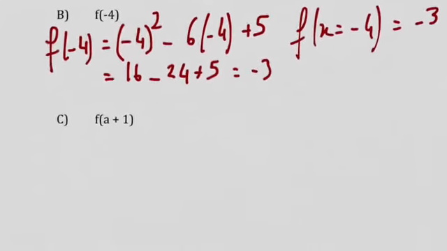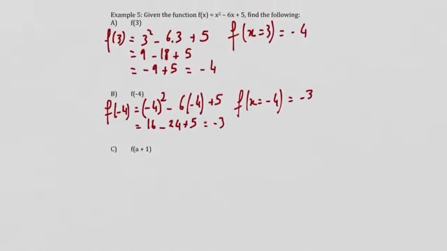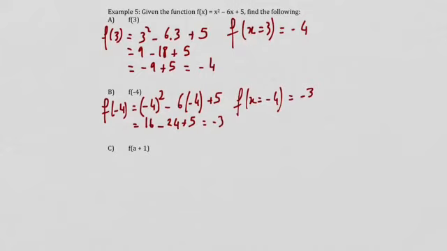Last but not least, f of a plus 1. So let me recall just a few seconds, x squared minus 6x plus 5. I'm going to substitute x by a plus 1. So I'm getting f of a plus 1 equal a plus 1 squared minus 6 times a plus 1 plus 5.